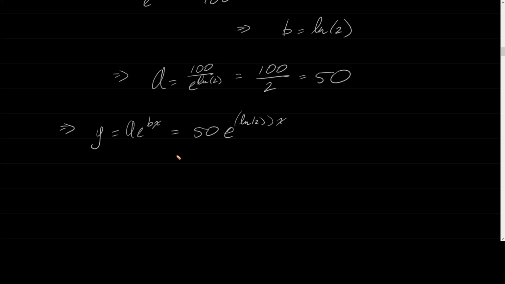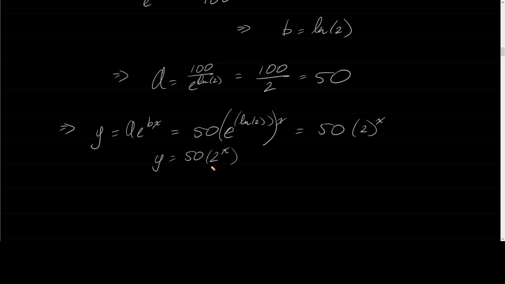Now, from rules of exponents here, we can put these parentheses here, and that tells us that what we really have is just 50 times 2 to the x, right? Because e and the ln cancel each other out. So that's our model. Our model is y is equal to 50 times 2 to the x.